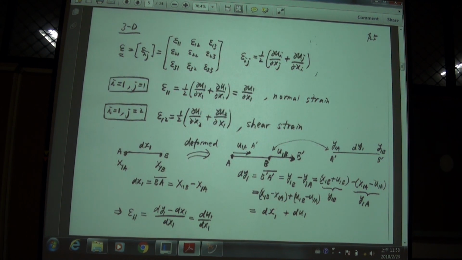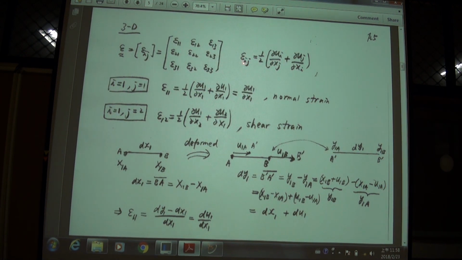We get epsilon 11 equal to partial u1 partial x1. See? So it means that this index notation can be a generalization of this expression. More, this index notation can be used to get the shear component.